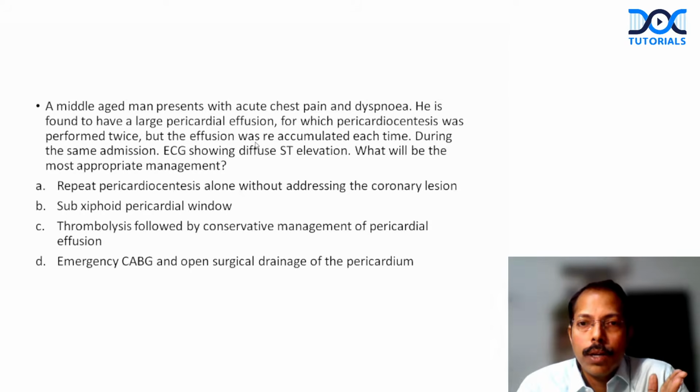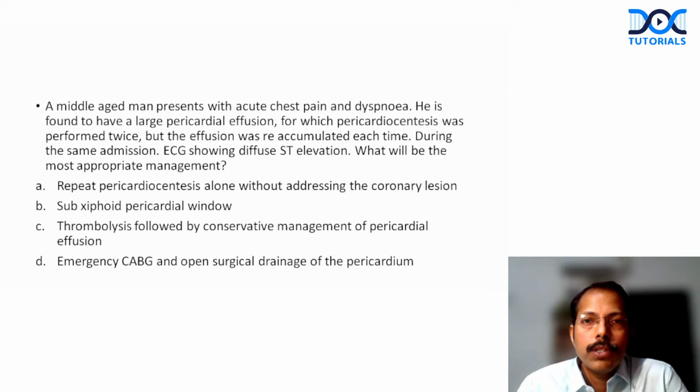Suppose it is due to acute MI, then again the pericarditis is a component of Dressler syndrome. So in those conditions, again the option will be the pericardial window, and if an option is given as pericardial window with PCI, you have to choose that option, because in acute MI, doing a pericardial window for a recurrent pericardial effusion is not sufficient, and you have to address the primary issue, that is the coronary lesion, so you have to do a PCI.